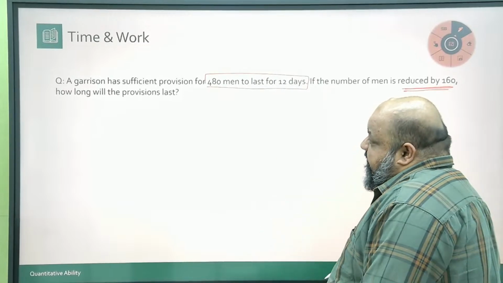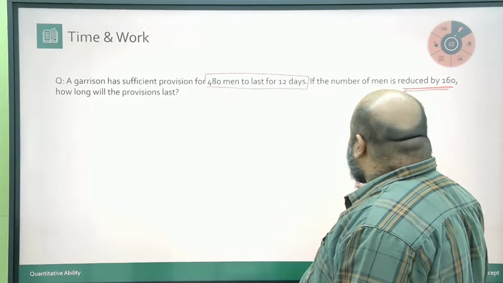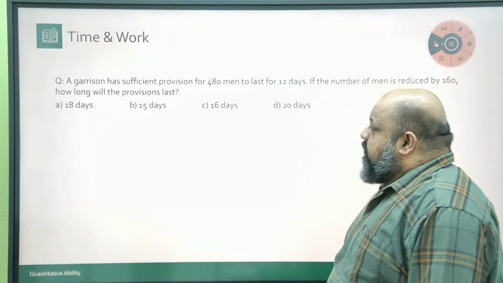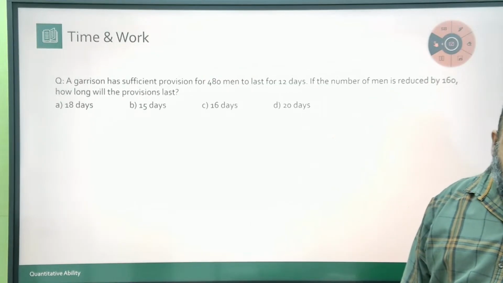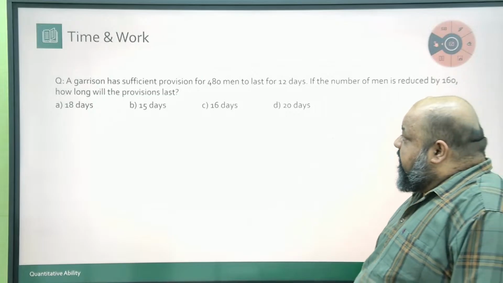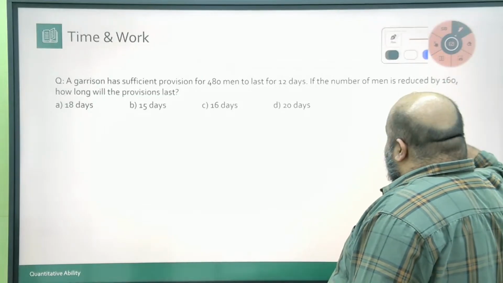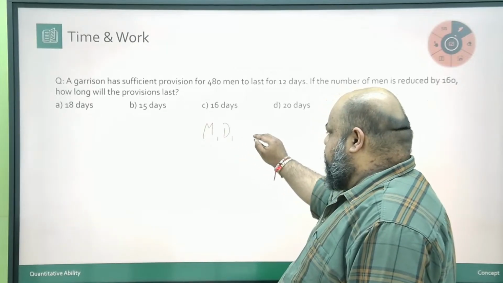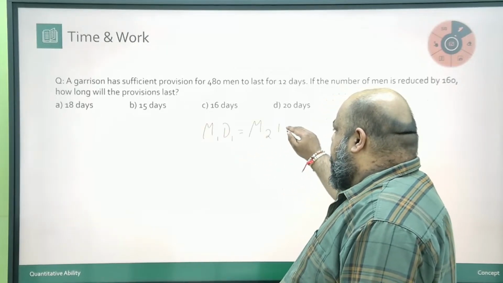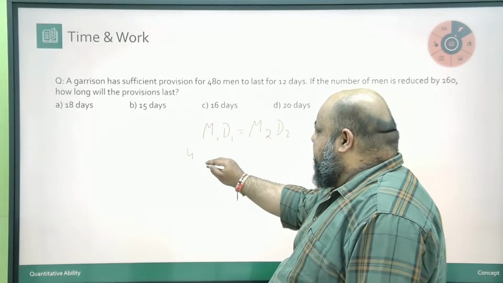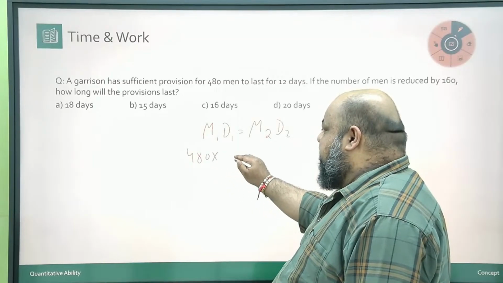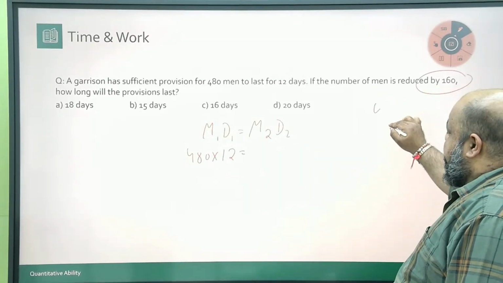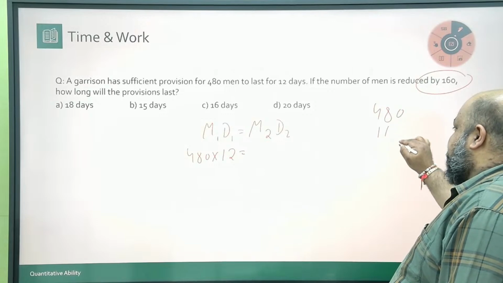And therefore, like the previous question, I can say m1 d1 will be equal to m2 d2, absolutely. Look, m1 initially, 480 men were there for 12 days, but now the number of men reduced by 160. 480 reduced by 160 will be 320.